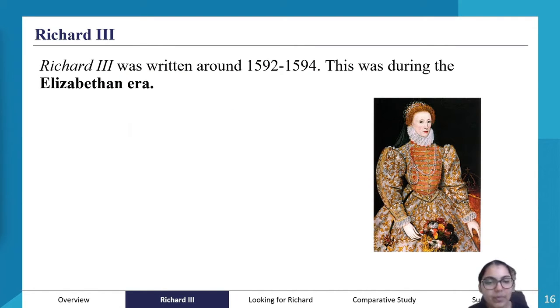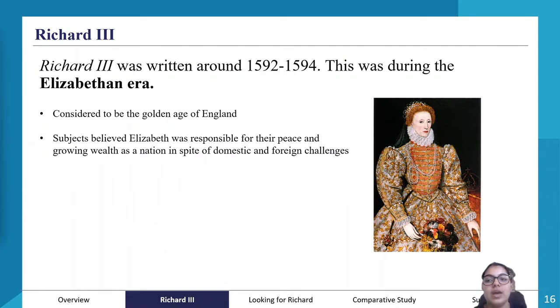So, let's briefly talk about the Elizabethan era. It was considered to be the golden age of England. At the time, Elizabeth was considered responsible for the peace and their growing wealth as a nation, despite their domestic and foreign challenges. There were a lot of conquests at the time.